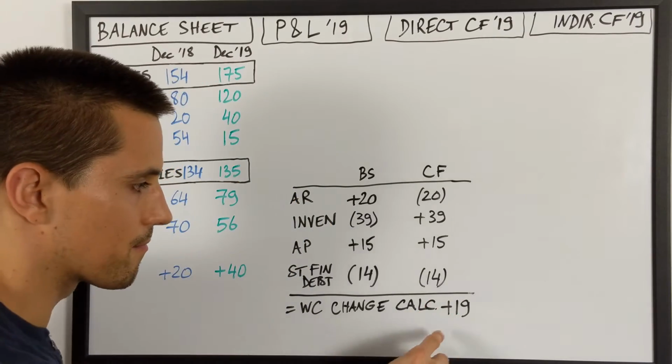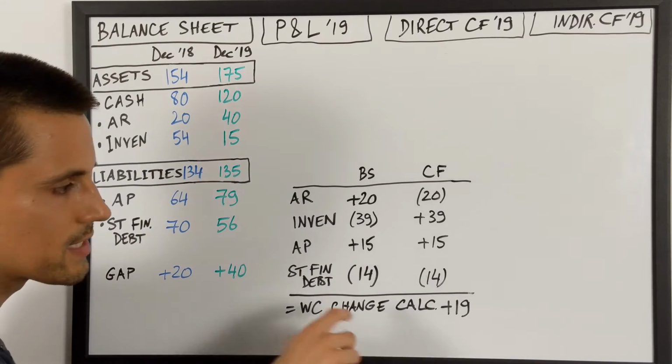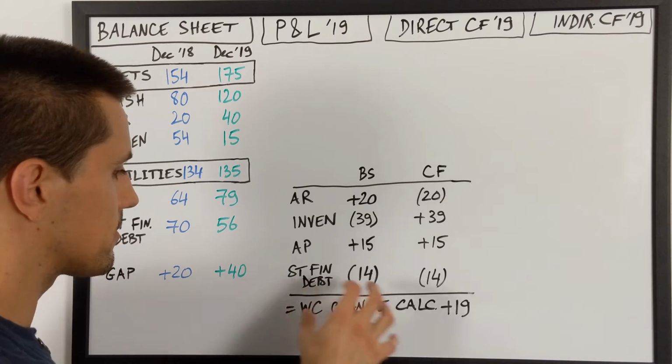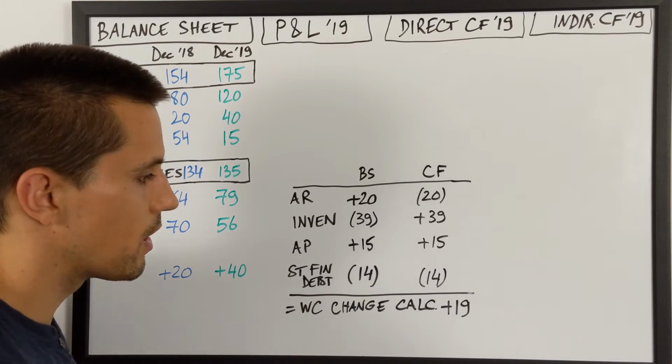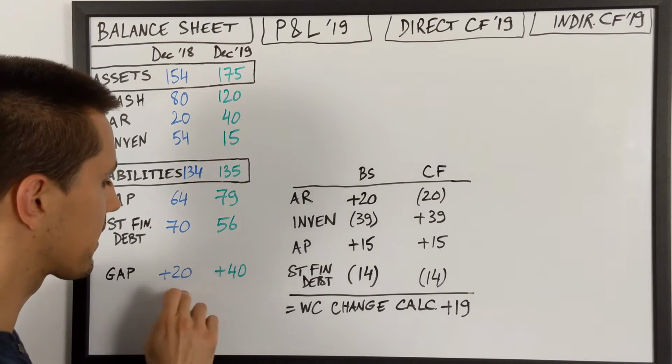Sorry here, little rounding difference. You see it's plus 19, here it's plus 20, it's just because of the roundings, but you see the numbers match here. So from one year to the other, we were able to understand why we have a working capital increase of plus 20.